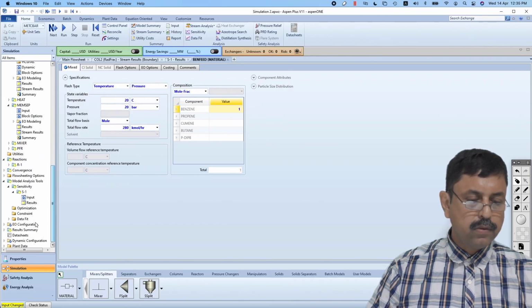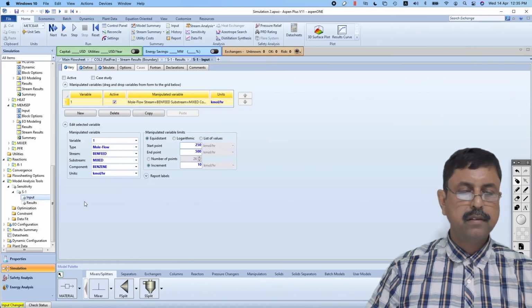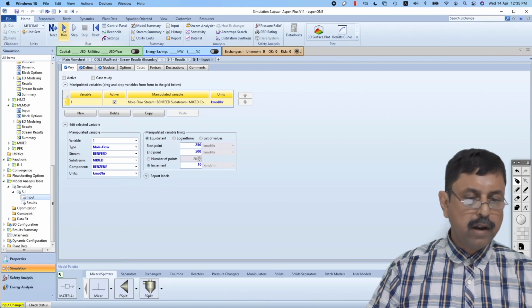There is no requirement of the sensitivity analysis tool over here, so just make it inactive. You do not want to do the sensitivity analysis now, so run.